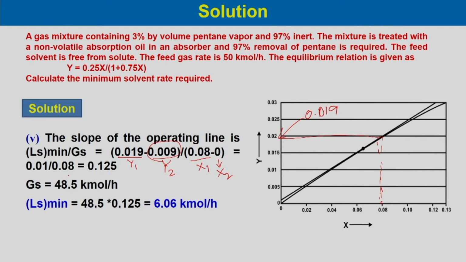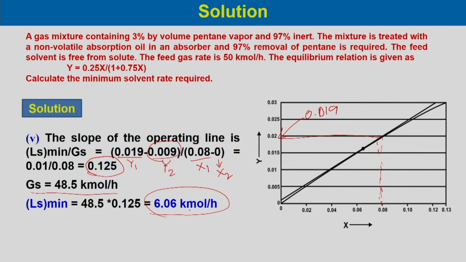So, we can calculate the slope which is 0.125 and Gs is given which is 48.5 kilomole per hour. So, Ls minimum would be equal to 48.5 into 0.125. So, it is 6.06 kilomole per hour.